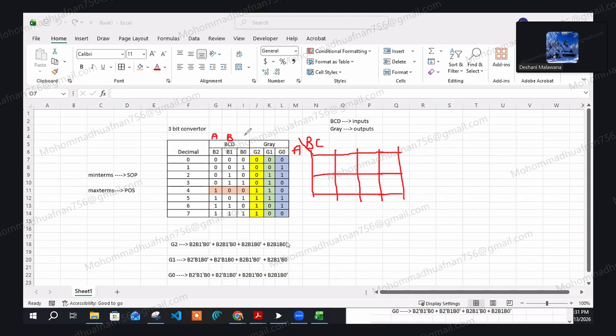We will write as we can see. So I will write it as B2 and here B1 and B0.